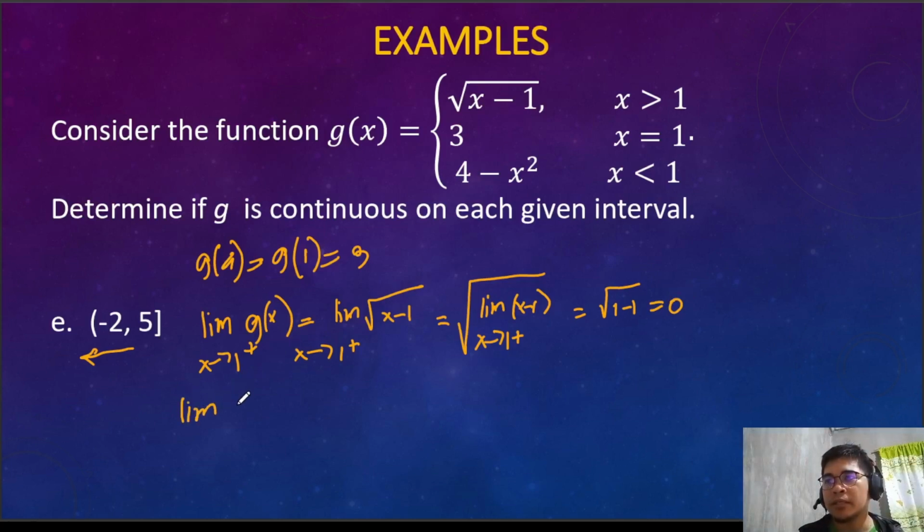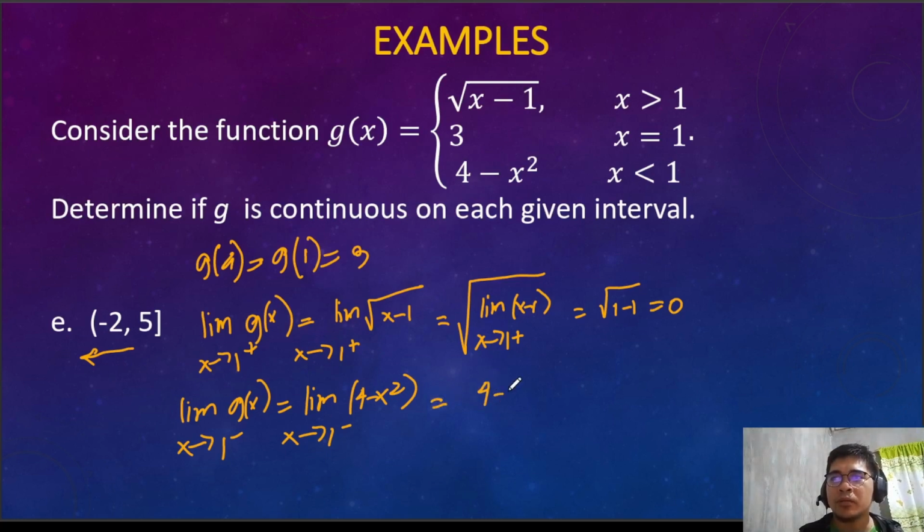And the limit of g of x as x approaches 1 from the left is equal to the limit of 4 minus x squared as x approaches 1 from the left, equivalent to 4 minus 1, which is 3. And take note, the limit from the right, which is 0, and from the left, which is 3, are not equal, therefore the limit does not exist, so they are not the same.